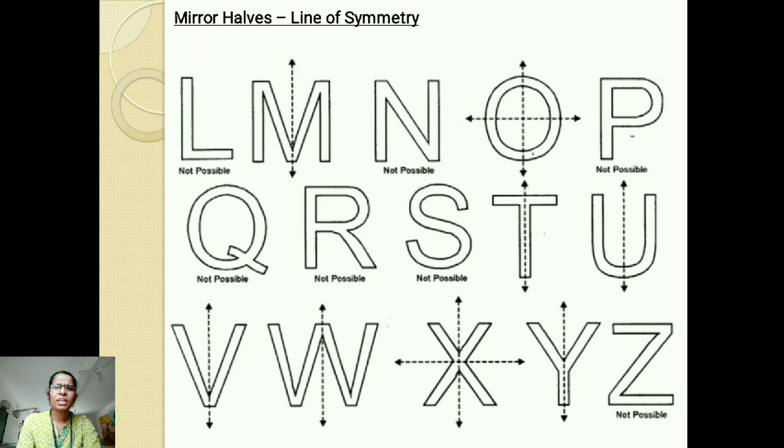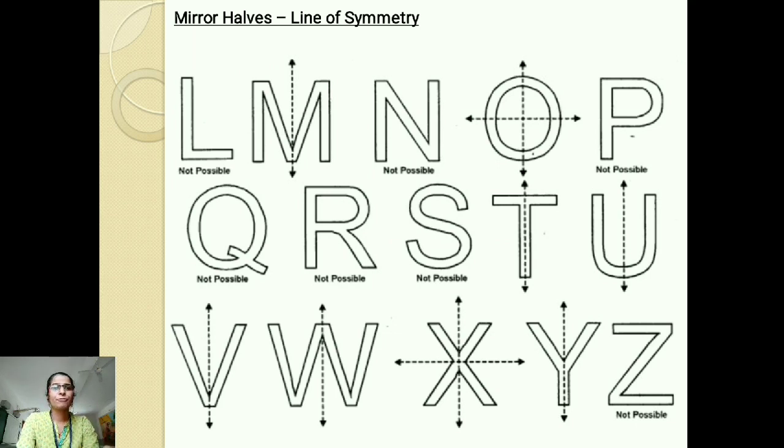But is it possible for the alphabet N? See, try this out: write an alphabet on a paper, keep a small mirror vertically or horizontally, and it should look the same as the other half. With the O alphabet, you can see here that the line of symmetry can go both ways, that is vertical as well as horizontal.